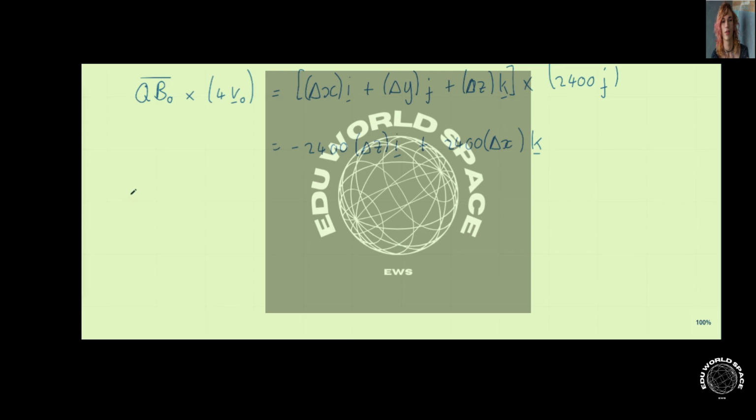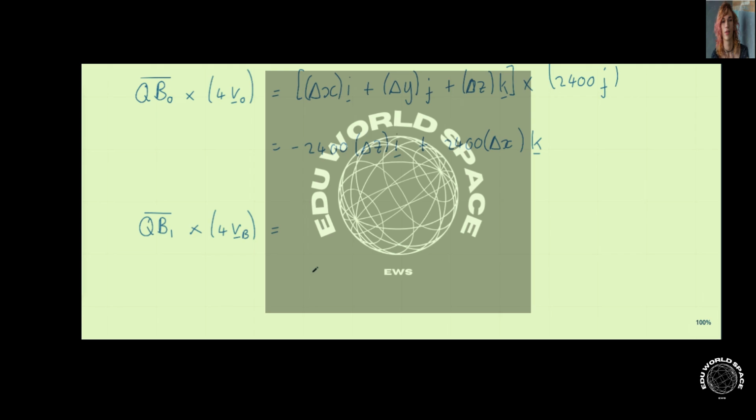And our final cross product is QB1 cross with 4VB. So again, if we use the method of cofactors, we get IJK, for QB1 it is minus 93, 20, and 30.